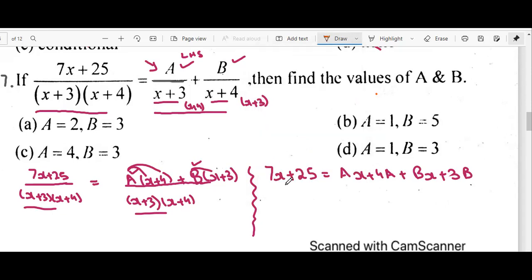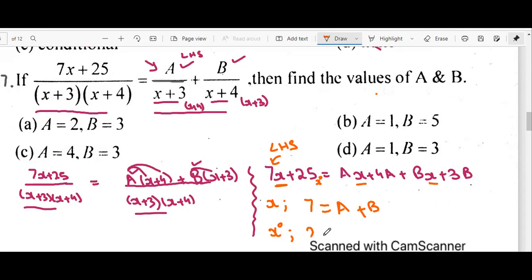So this is x. The coefficient of x on left hand side is 7. So the coefficient of x on right hand side is a plus b. Okay, and when we talk about the constant term, we write down x to the 0 because this is 1, this is the constant term. We can assume that we have x to the 0 here because it is 1, right?